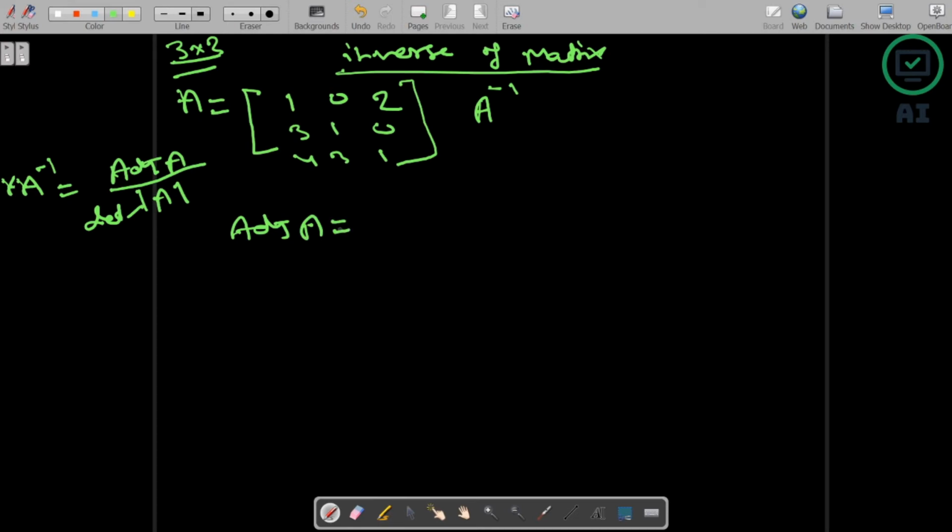First of all, we have to write this matrix A in a different format. Write the first row like that: 1, 1, 3, 0, 1. How have I done it? I have taken this 1, then 3, then 0, then again 1.